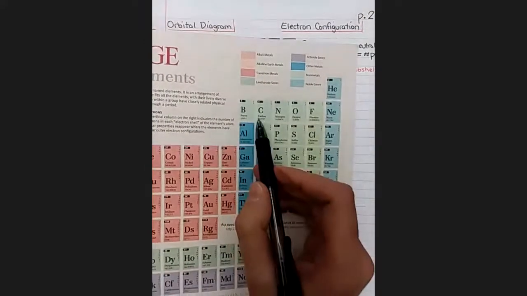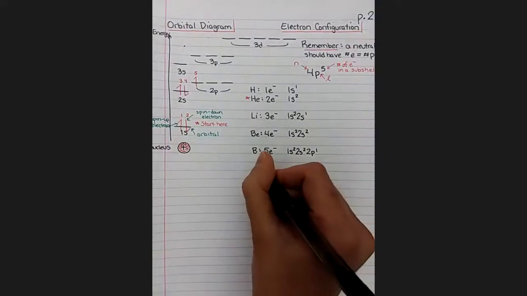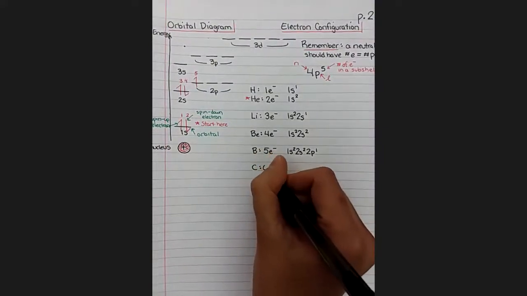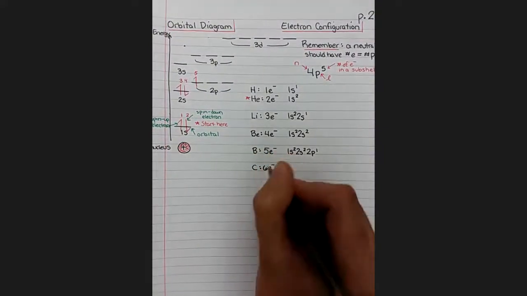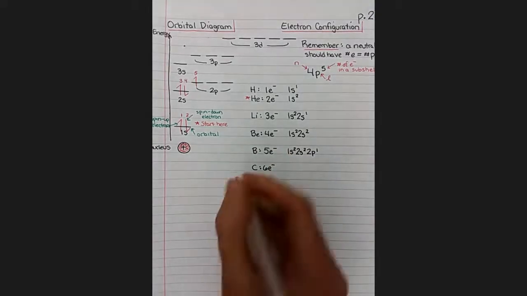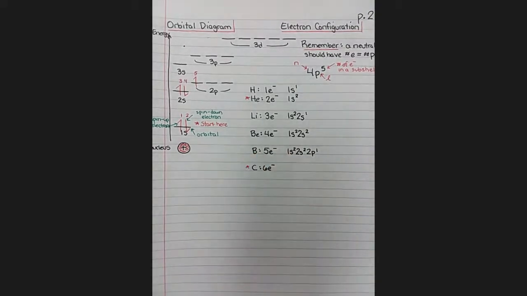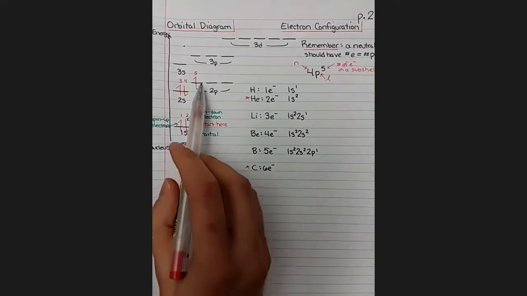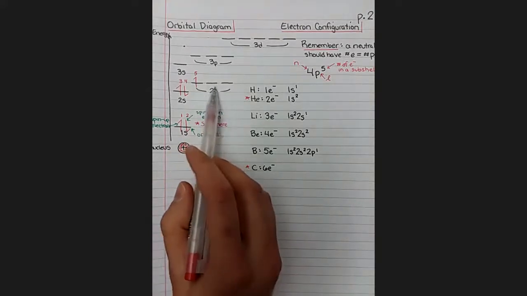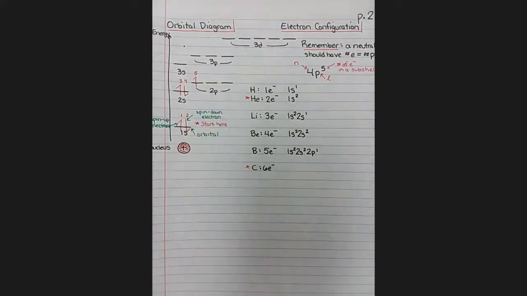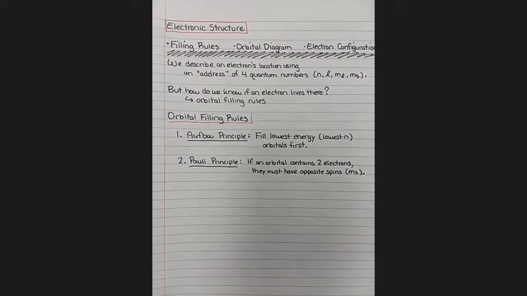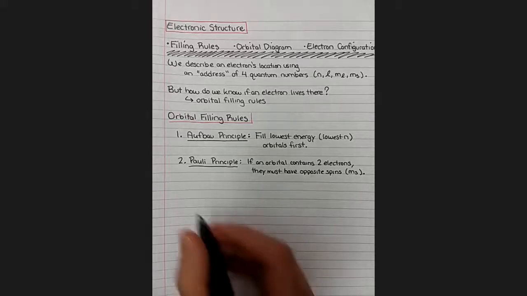Continuing, carbon is the next one. Neutral carbon has 6 electrons. And here, we're going to have to stop and add another rule because we need to decide where to put the next one, and we have multiple equal energy orbitals to choose from. Let's go back to our rules and add number 3.